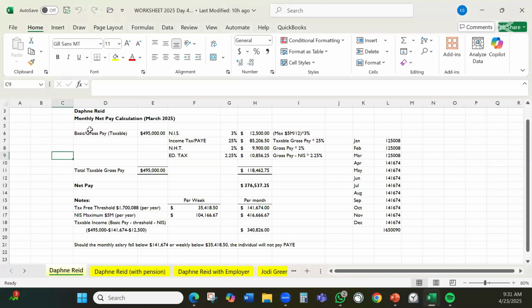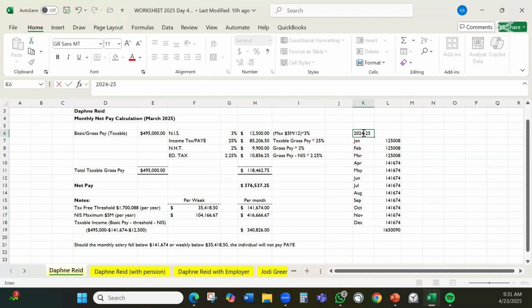So Daphne Reed would have earned $495,000 as her gross pay for the month of March. If you look over on this side from column A, you will notice that in 2024, I didn't write 2024 here, so this is actually 2024, 2025.